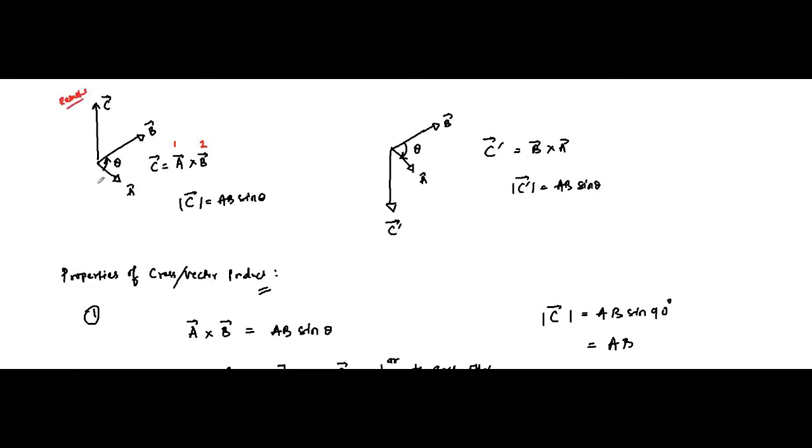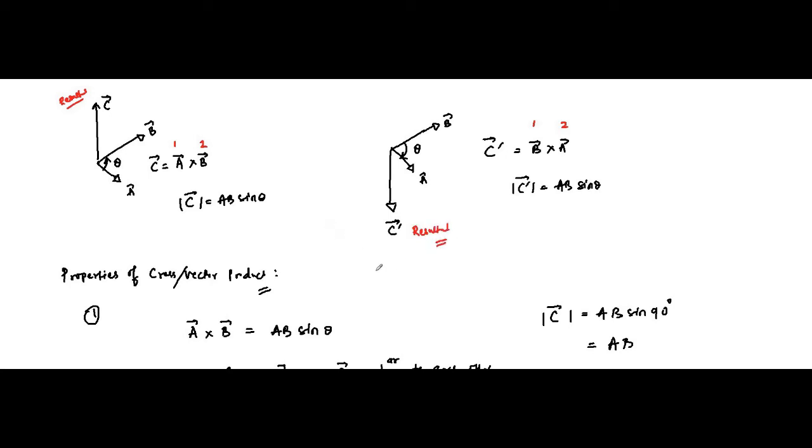the direction of the extended thumb gives us the resultant vector, which is upwards. But in the second case, B vector cross A vector, this is the first vector, this is the second vector, and the direction of the angle theta is from B vector to A vector, as if it is trying to rotate B vector into A vector. In that case, the thumb points downwards, just the opposite of the first one, and this gives us the resultant.